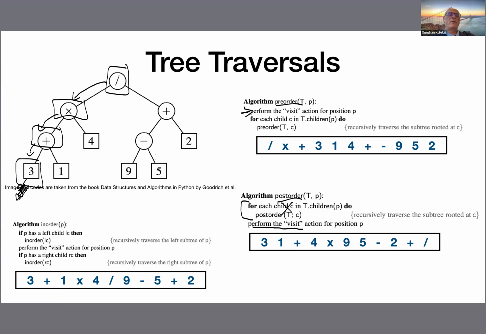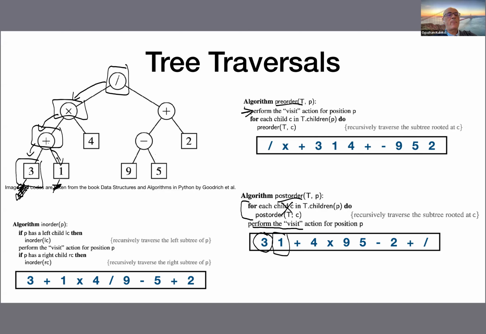Okay, I will go to the parent. Does the parent have any other child? Yes. That is why we still do not print the parent, but go to the other child. So this is 1. 1 doesn't have any children. So that means this is a final external node. So we print it.